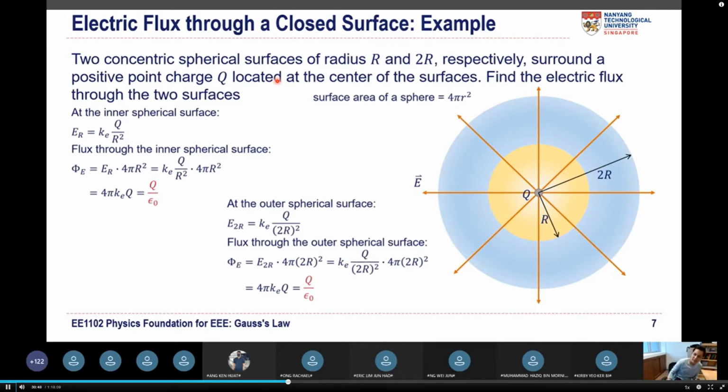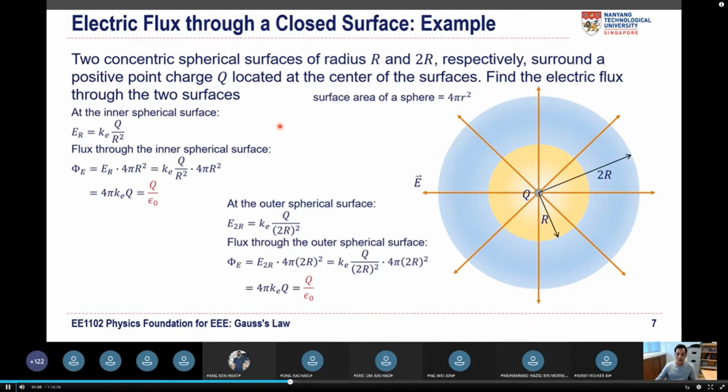Of radius r and 2r respectively, they surround a positive point charge q, right in the middle. Find the electric flux through the two surfaces.